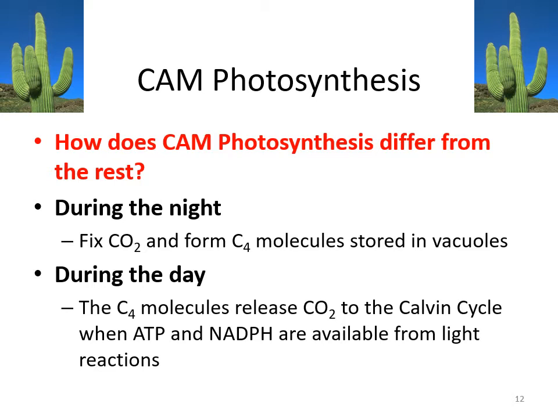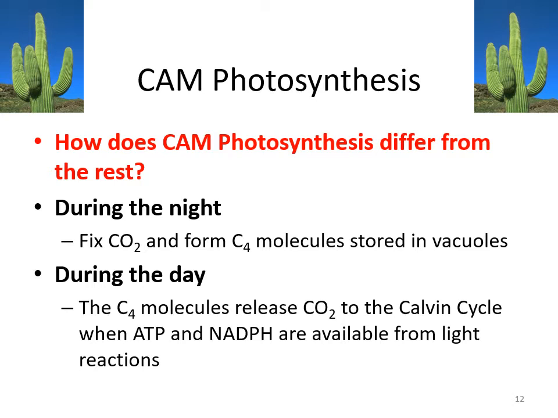And so what they end up doing with this splitting up of the job is during the night, they'll fix carbon dioxide and form C4 molecules that they then store in their vacuoles. And remember, vacuoles can be like little sacs within a cell.